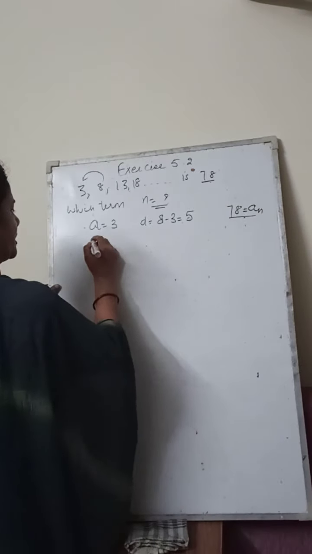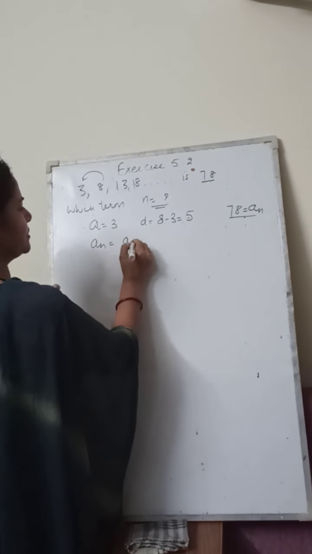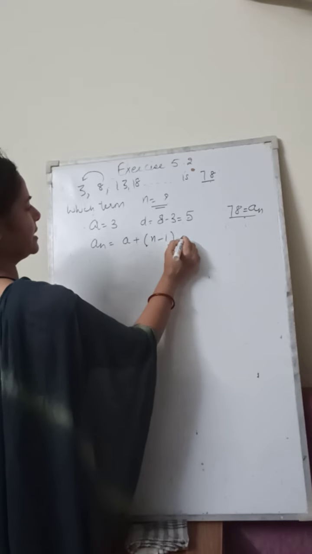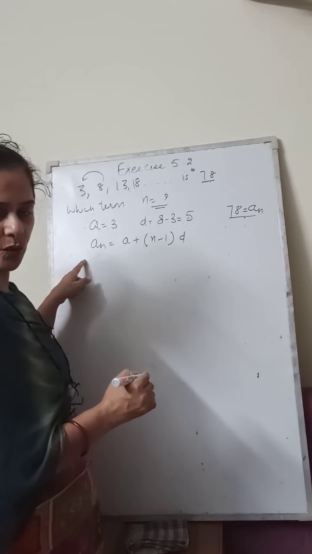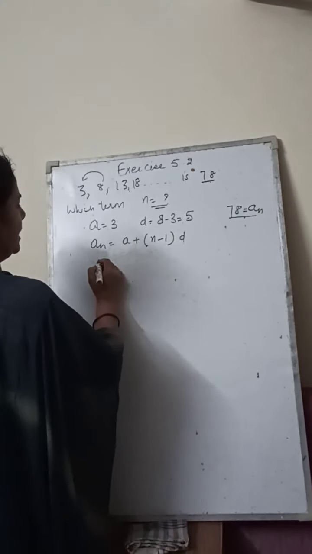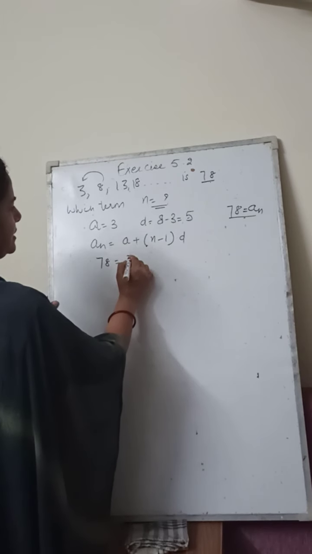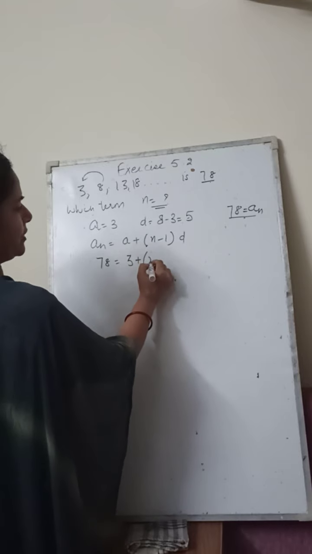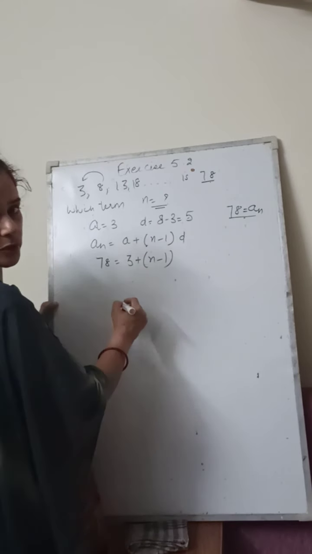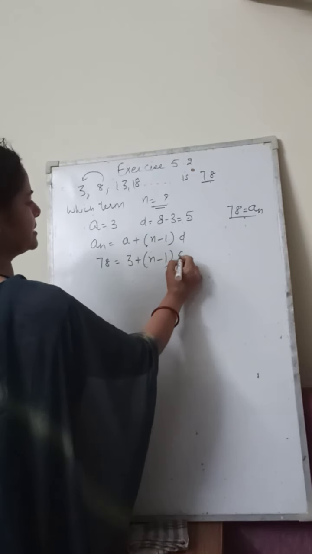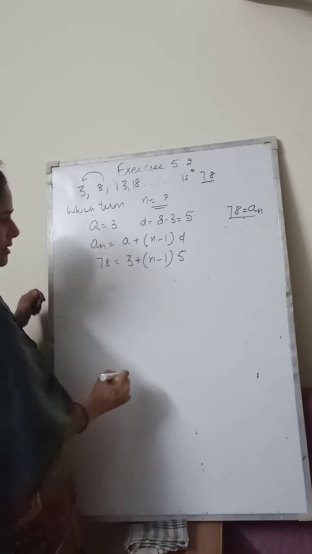So again we will use that formula. AN is equal to A plus n minus 1 into D. AN is 78, A is 3 plus n, which you have to find, minus 1, and D is 5. Got it?